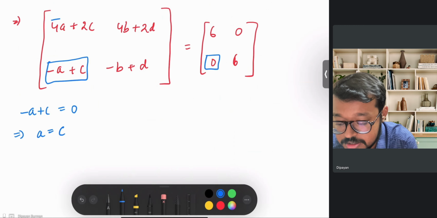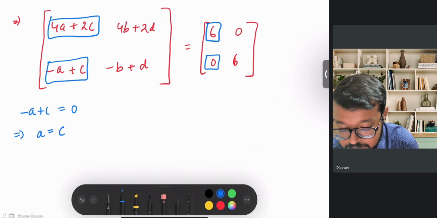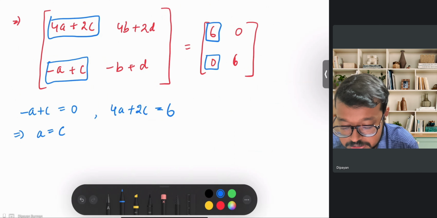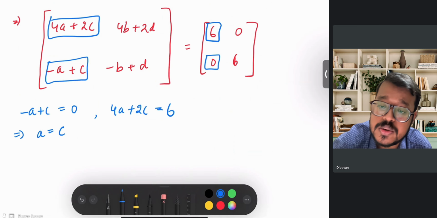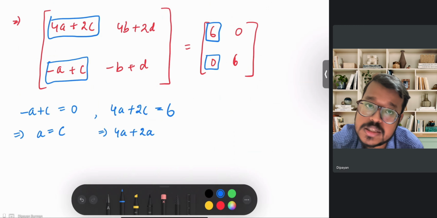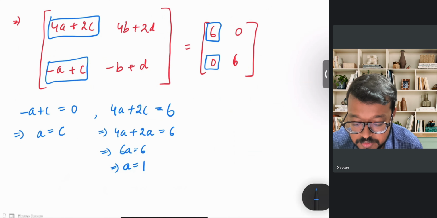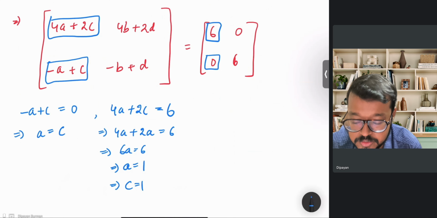For example, 4A plus 2C will be equal to 6. And the fact that A is equal to C, I can say 4A plus 2A, so 6A equals 6, that means A is equal to 1. And if A is equal to 1, that means C is also equal to 1.